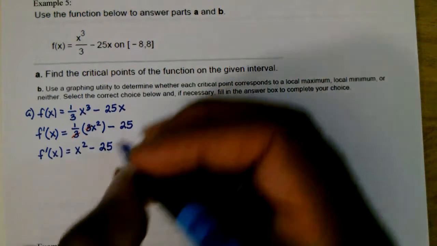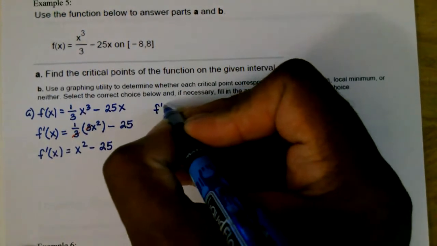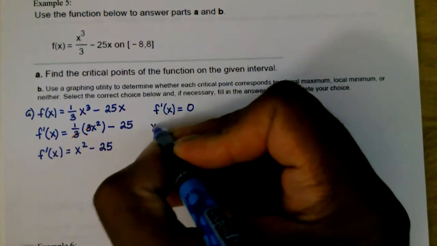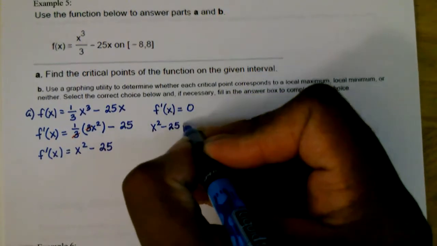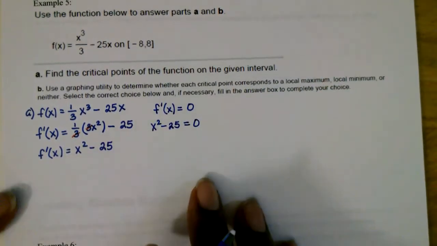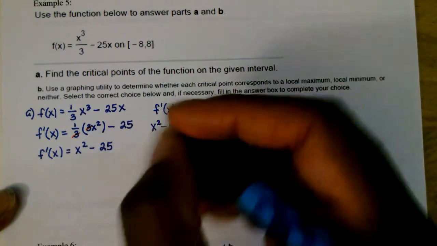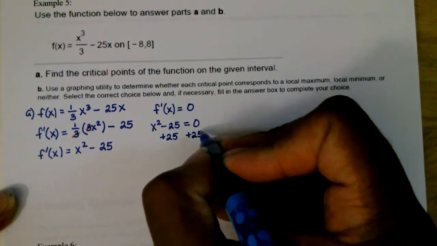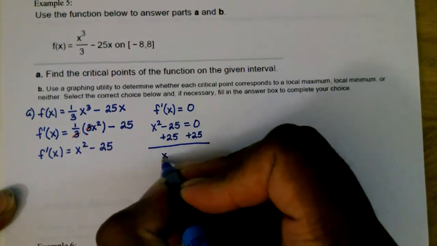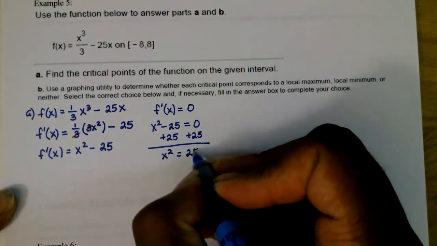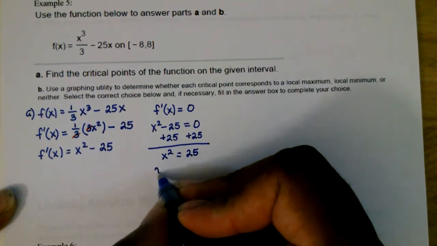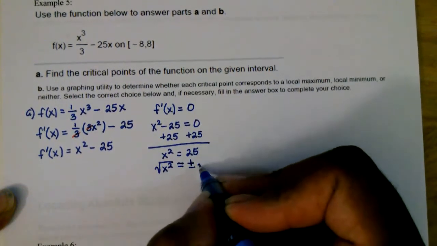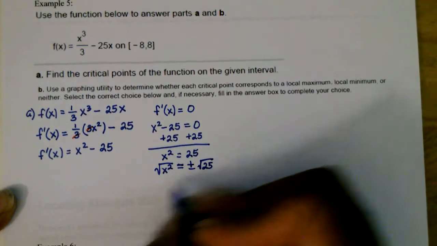And then we let f prime of x equal to 0 to find our critical points. And f prime of x, that x squared minus 25, equal to 0. And then to solve for x, we're going to add 25 to both sides. So that means I have x squared is equal to 25. And then to solve for x, I need to take the square root on both sides and include that plus or minus symbol.